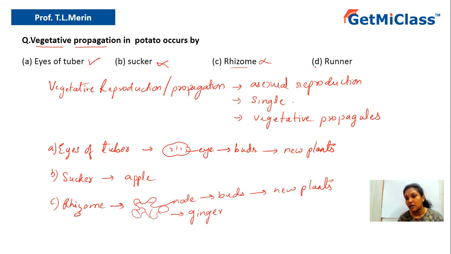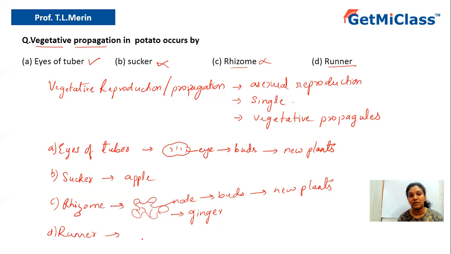Now let us look at the last option, that is runner. What do you understand by runner? Option D is runner. These are also vegetative propagules, or specialized structures, which are utilized for the production of new plants by the vegetative, or asexual, method. These are nothing but horizontal branches or horizontal stems which grow, and finally they get covered by mud, and then this stem covered by mud will develop tiny roots, and then get detached from the mother plant.